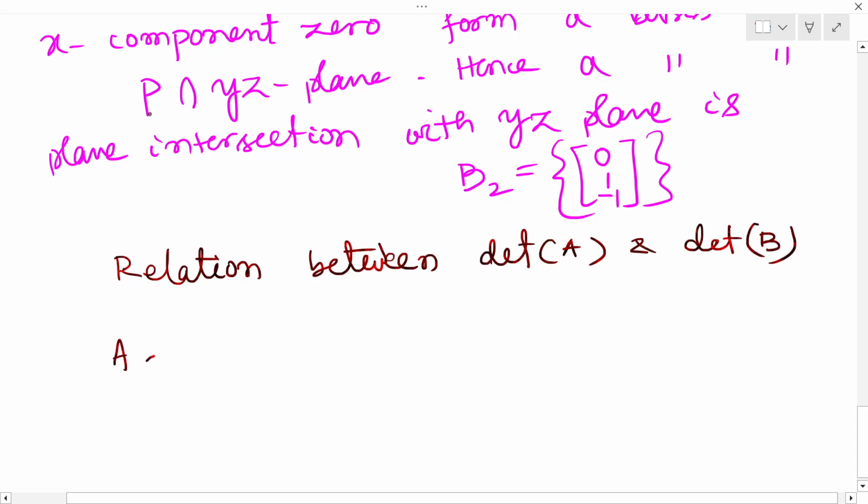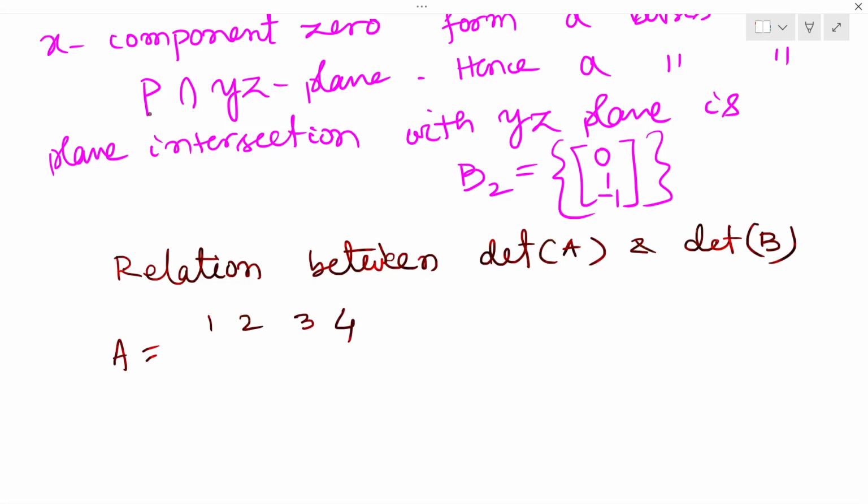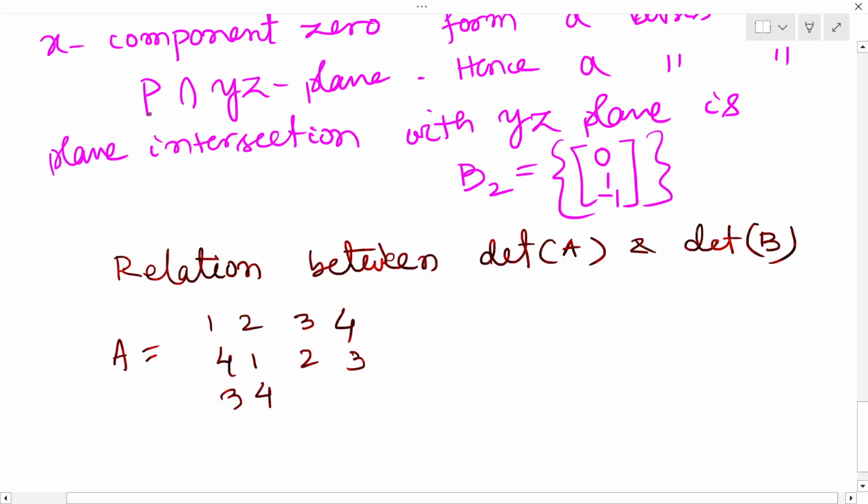A is 1, 2, 3, 4; 4, 1, 2, 3; 3, 4, 1, 2; 2, 3, 4, 1.